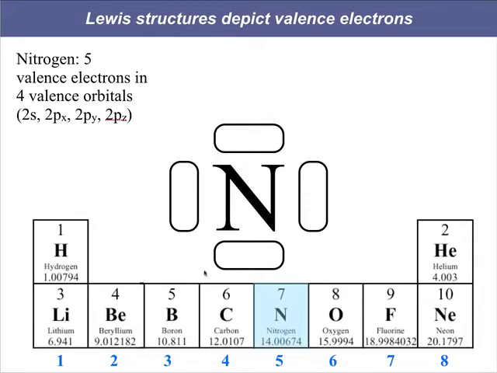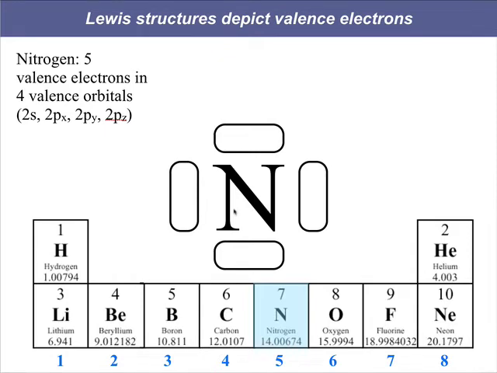For purposes here, let's imagine that the four edges of the atomic symbol represent the four orbitals in the outer shell. So maybe one of these is the S, the other three are the P's, okay? Now, nitrogen gets 5 valence electrons because it's in column 5, and those 5 valence electrons are sitting in 4 valence orbitals, okay?